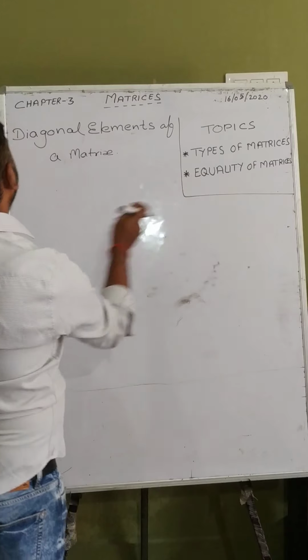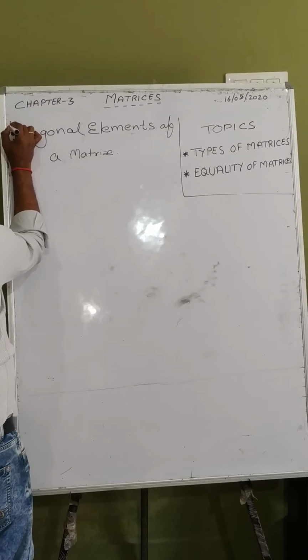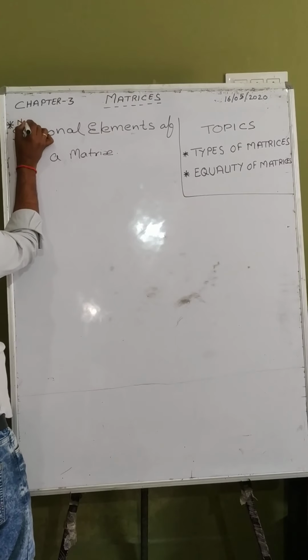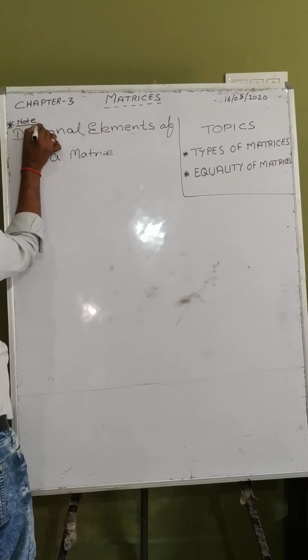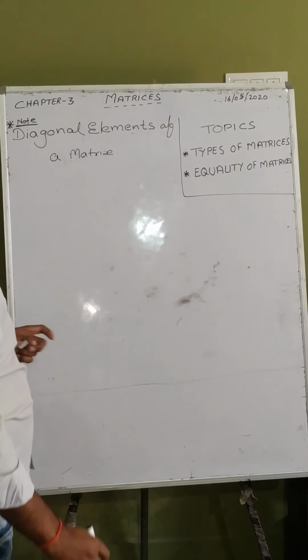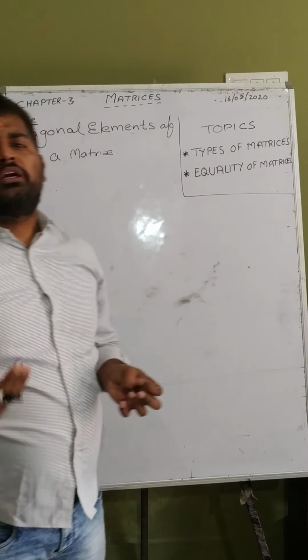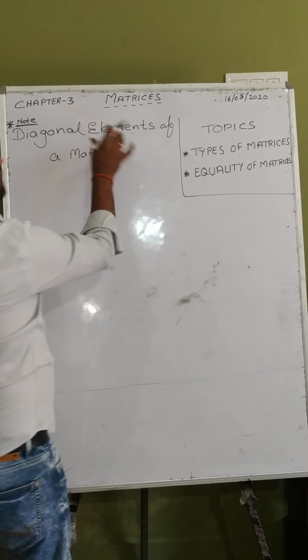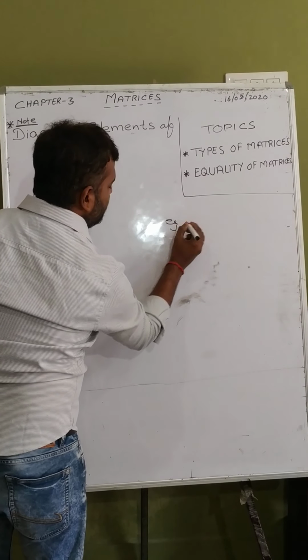One point I have written here: diagonal elements of a matrix. This is a very important point. What is the meaning of the diagonal elements of a matrix? To understand this point, let us consider an example.